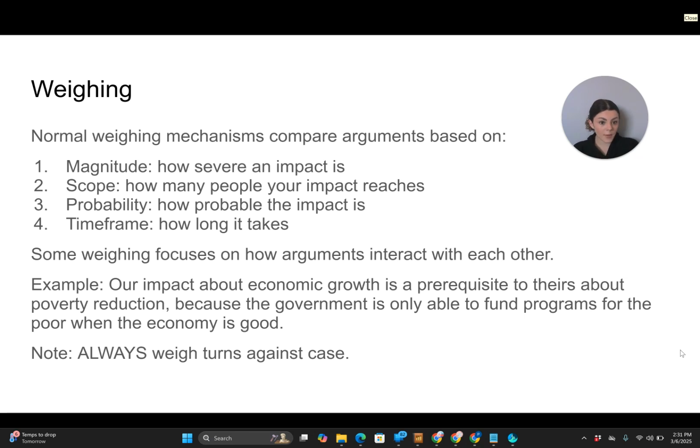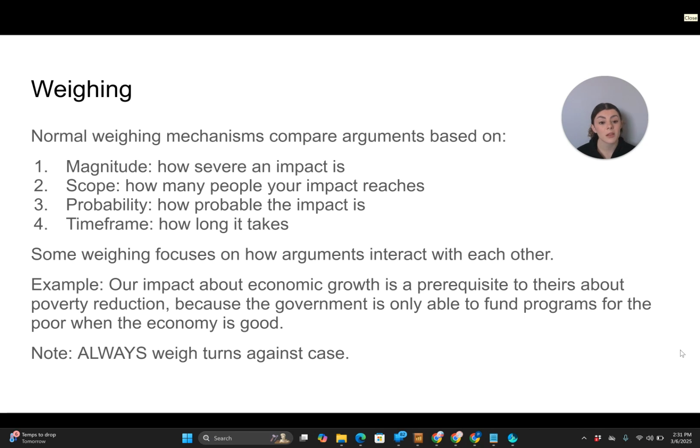Time frame. Time frame is not just how long it takes, but also what you're weighing. The rebuttal I just gave earlier was that we should be focusing on what's going on now with religion and women and discrimination, not what happened 200 years ago, because that's not really relevant to the resolution. We should be focusing on the present. It also works if someone, for example, in this year's topic, a common argument is creative education.